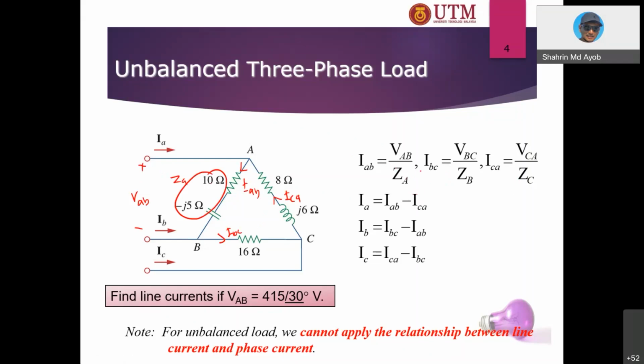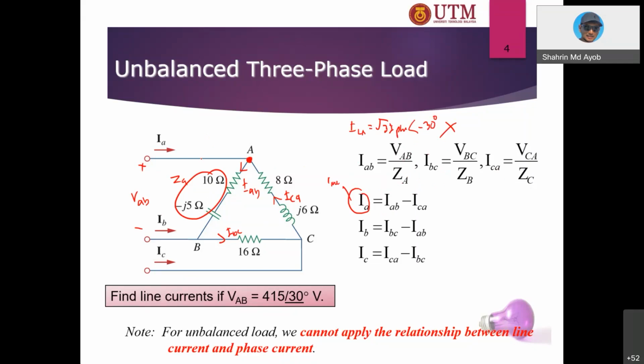After you obtain these values, calculate IA. This IA is your I line. For a balanced system, you can just use I line equals square root of 3 times I phase, with an angle of negative 30. But for an unbalanced system, you cannot use this relationship. You need to manually calculate your line current based on the KCL note here.